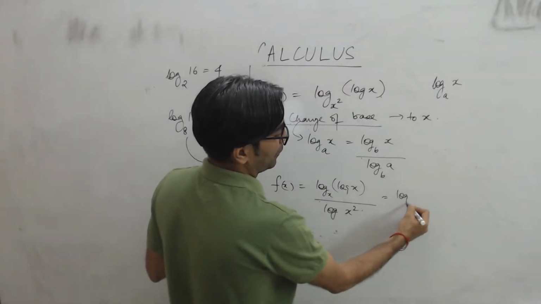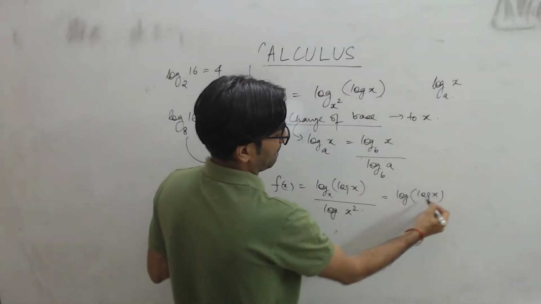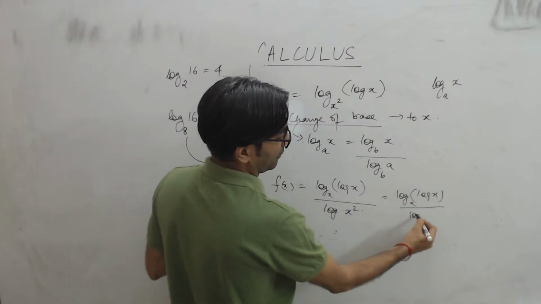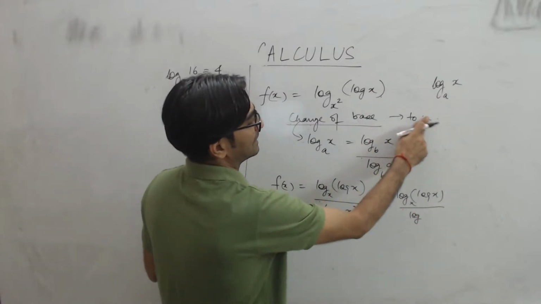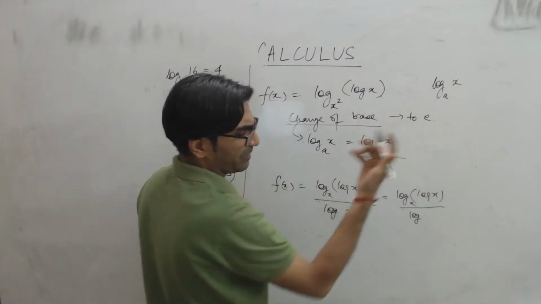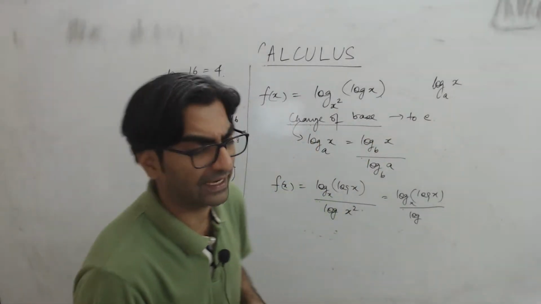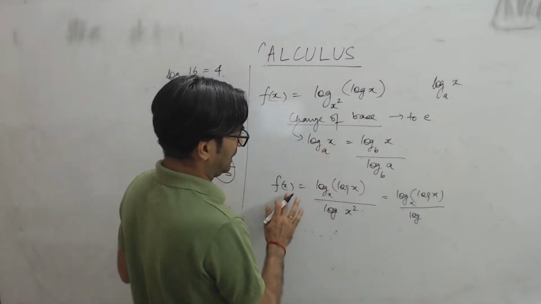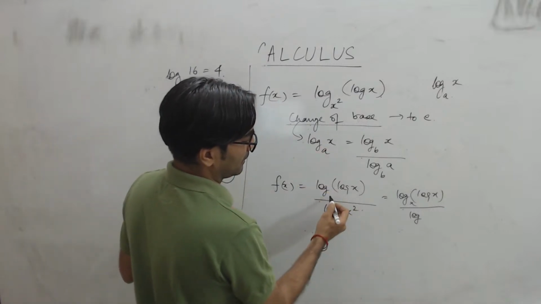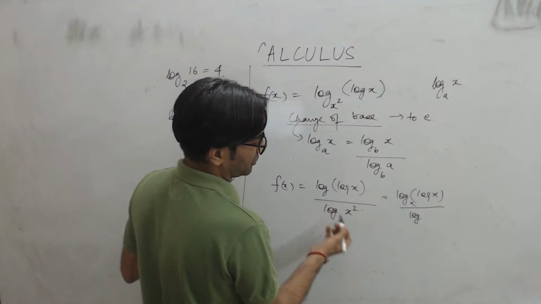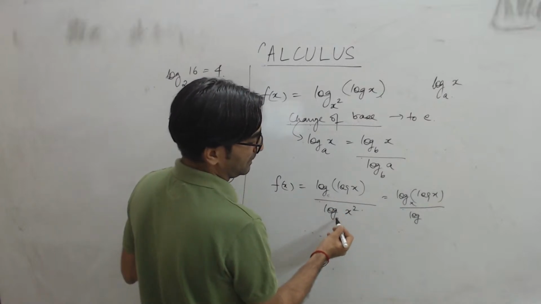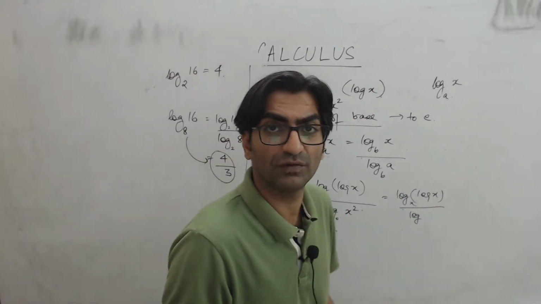So this becomes log of log x divided by log of, in fact don't choose the base as x. Sorry. Choose the base as e, right? Why choose the base as x? Choose the base as e. So then this becomes log of log x divided by log of x square. I'm not writing the base. We can obviously write e over here.